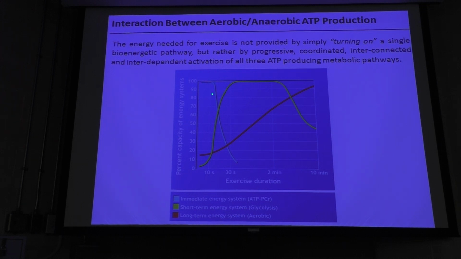As it's decreasing in its contribution, you're getting an increasing relative contribution of glycolysis with a progressive and slower activation of oxidative phosphorylation. And again, you should be able to appreciate the time course of these changes in relation to the VO2 kinetics that I showed you on the previous slide.